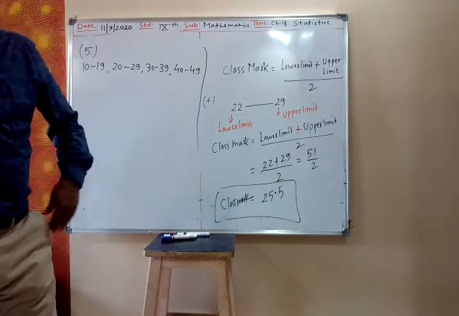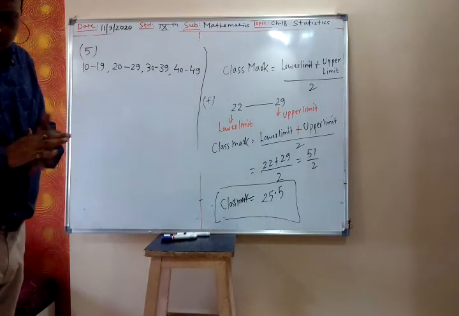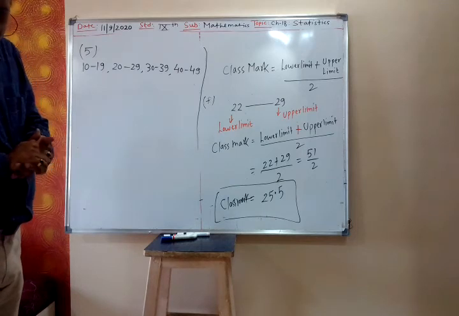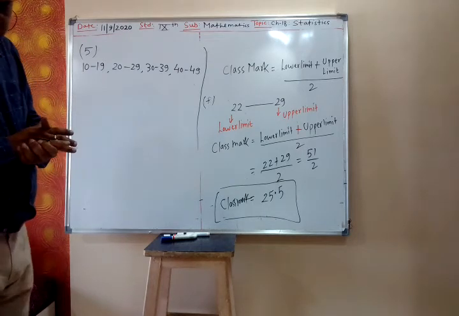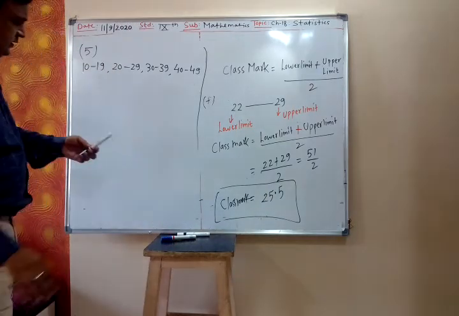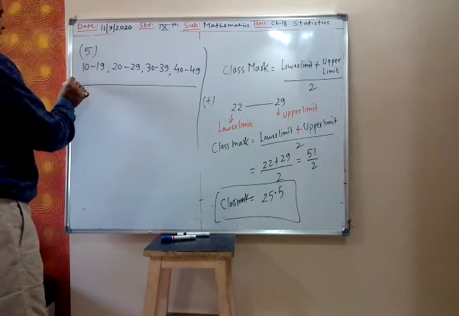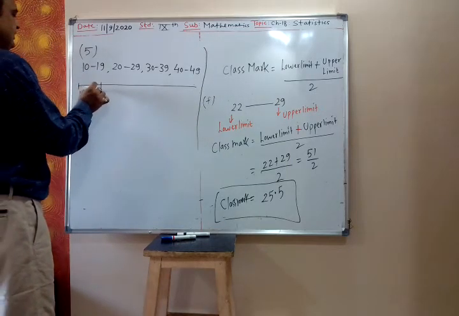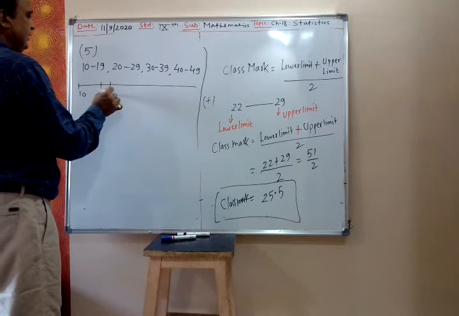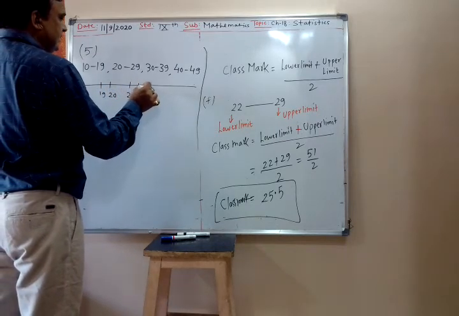See here. When you plot this, it becomes 10, 19, 20, 29, 30, 39, 40, 49.